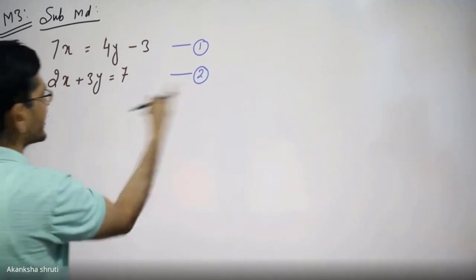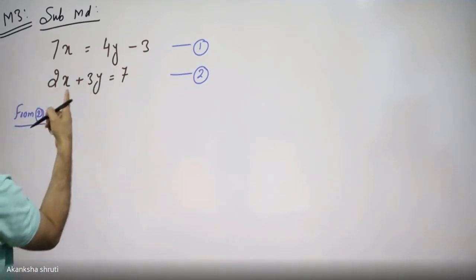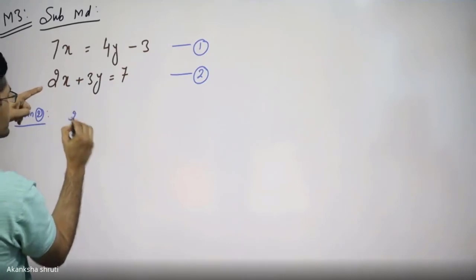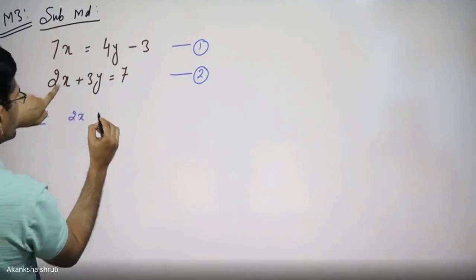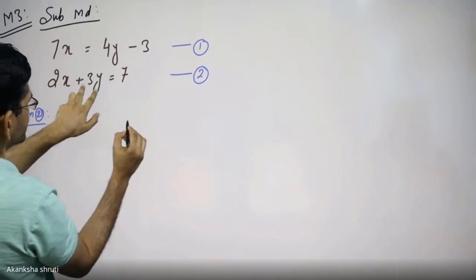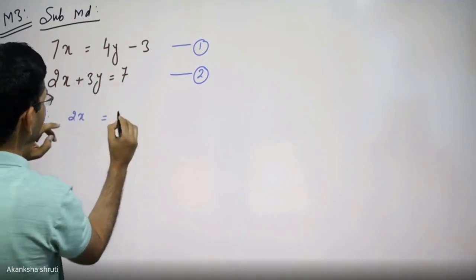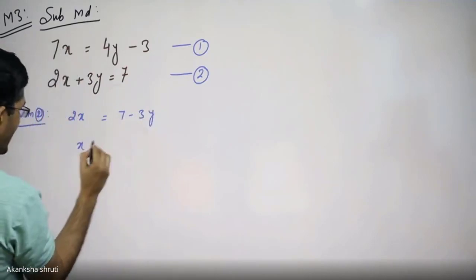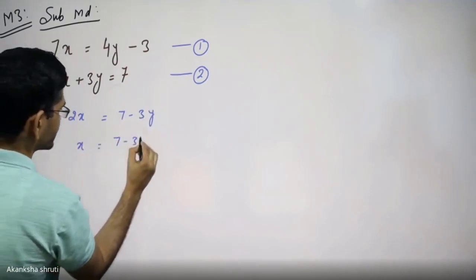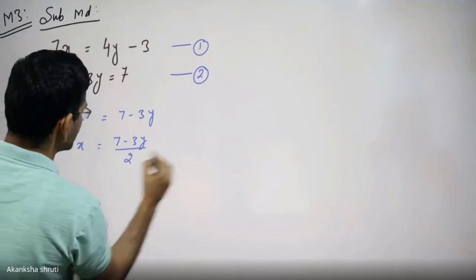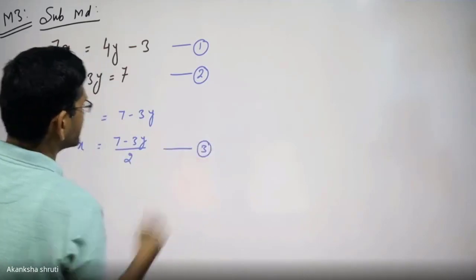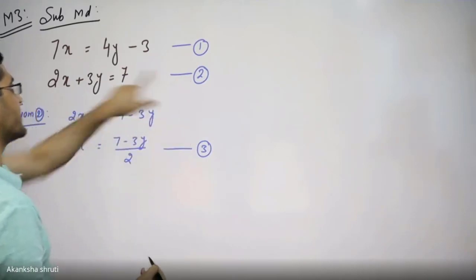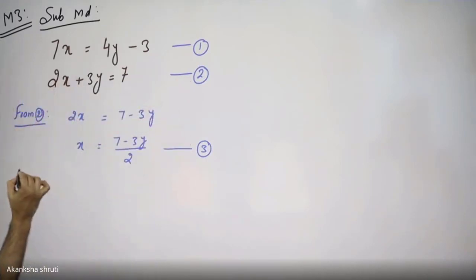So from the second equation, we have to calculate this x. So the second equation is written again as, for calculating the x, bring this y on the right hand side, it becomes 7 minus 3y. So x will be 7 minus 3y whole divided by 2. This will be our equation number 3. So this equation number 3 is obtained from equation 2.